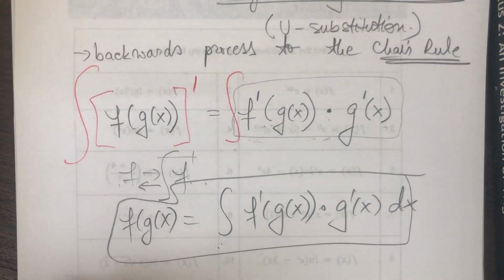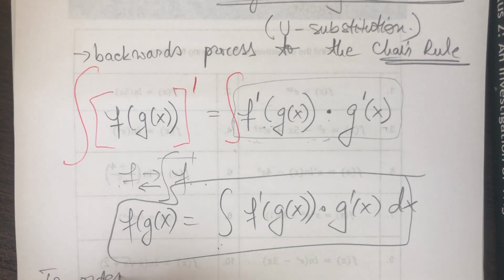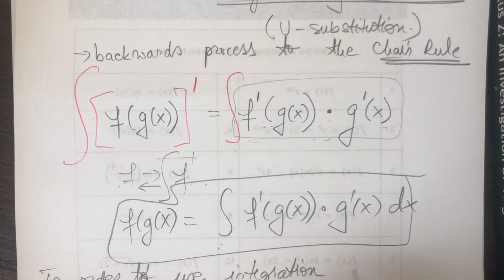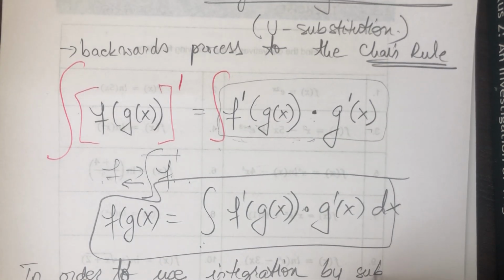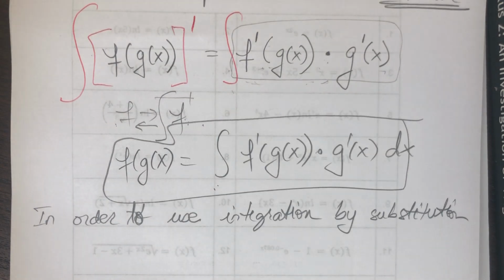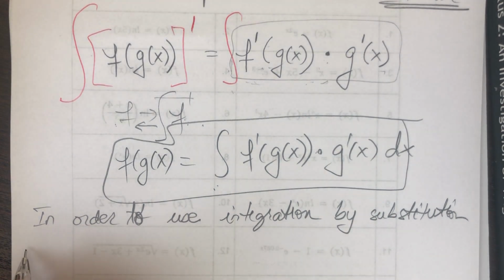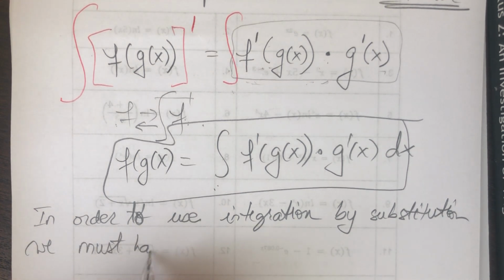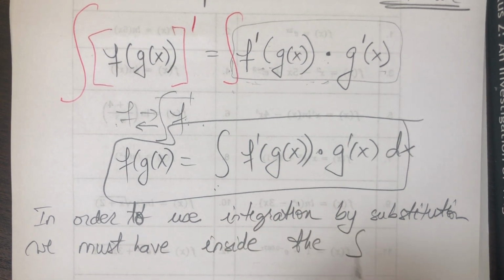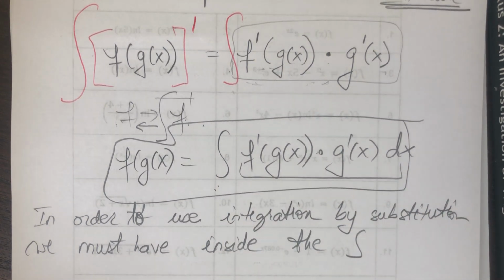So I'm going to write this down: in order to use integration by substitution, so this method is the backwards process to the chain rule, right? So we'll recognize integration by substitution if, in order to use it, we must have inside the integral, what does the inside of the integral have to look like?